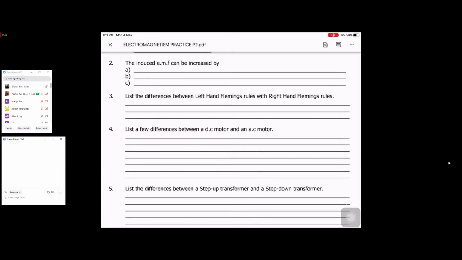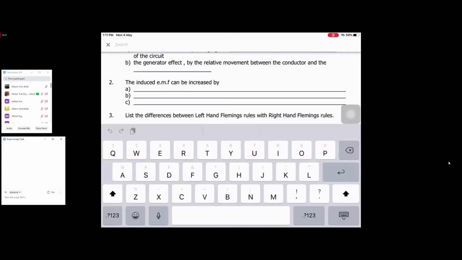Number 2, using stronger permanent magnet.